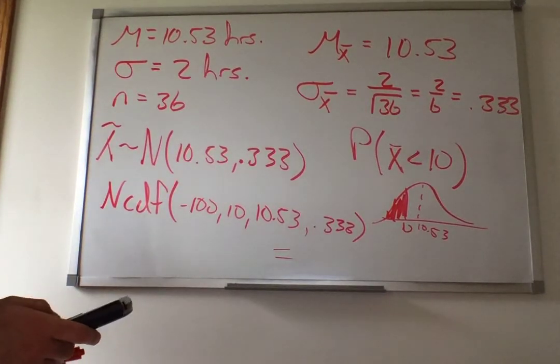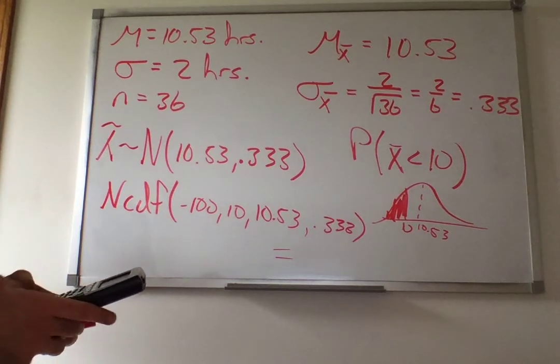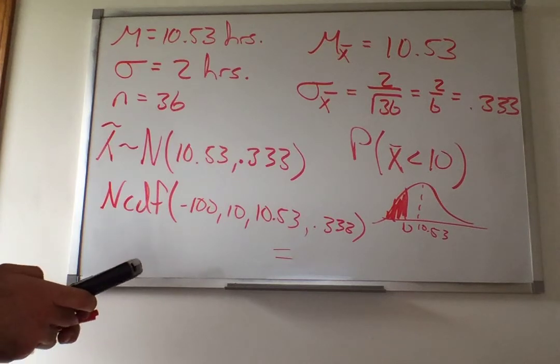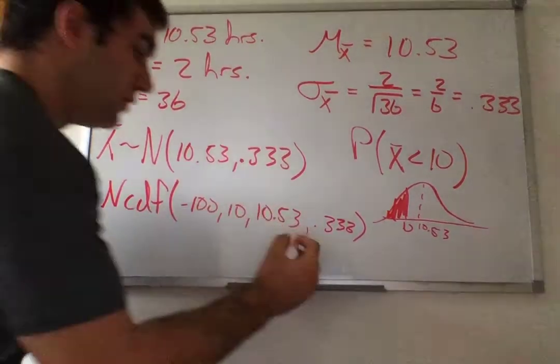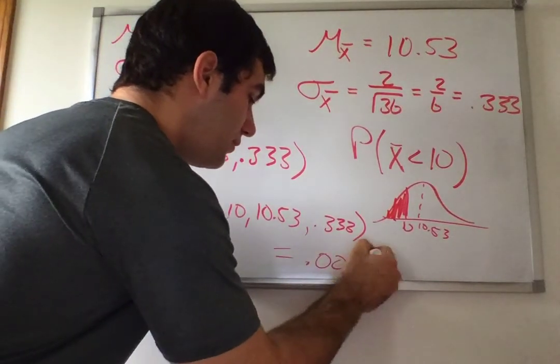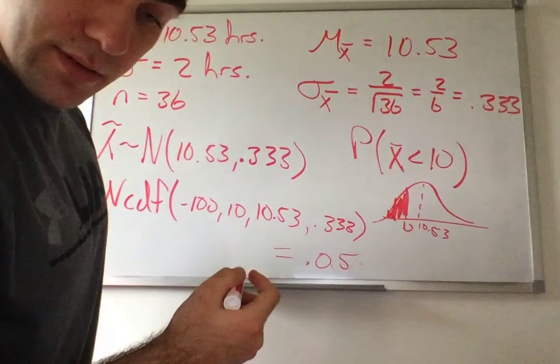So, let's see. Normal CDF, negative 100, 10, 10.53, and 0.333. Paste. 0.0557.